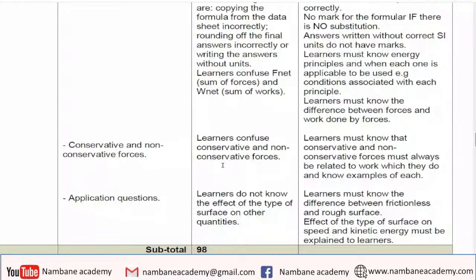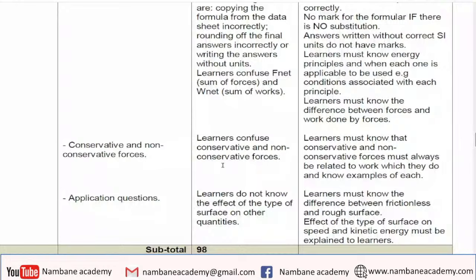When it comes to the application, we must be able to differentiate between a frictionless surface and a rough surface. We know the whole system is isolated. Then when given a situation, be able to identify. This part is isolated, then the principle of conservation of mechanical energy is applicable. But from here to there, the system is not isolated.